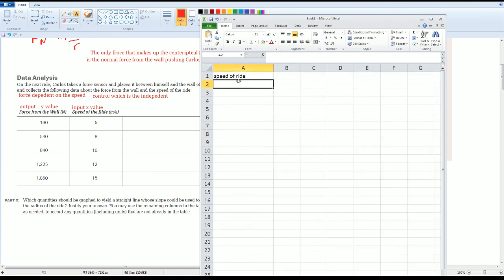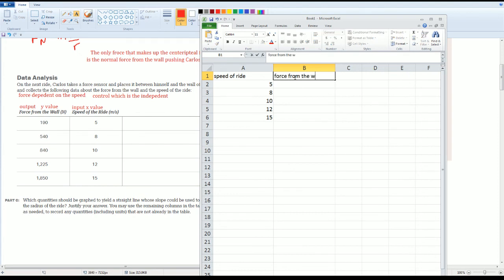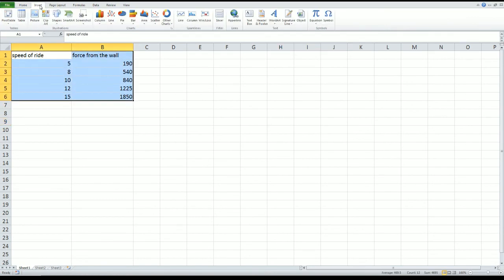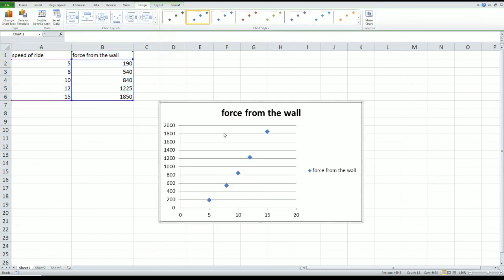Here, let me zoom in a little bit better for you. 5, 8, 10, 12, 15, and here you can see this is the force that they feel up against the wall, the force from the wall. 190, 540, 840, 1225, and 1850. I'm going to make this larger. Select the whole thing. Insert, scatter plot, the first one. That's how it would look.